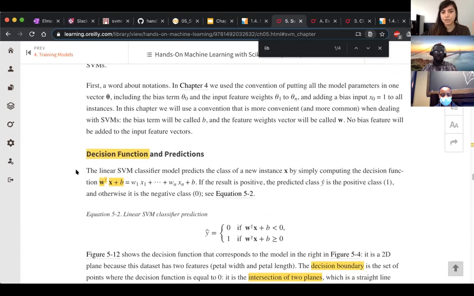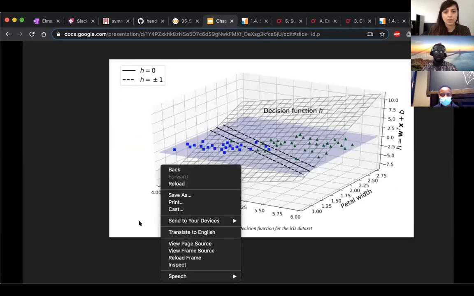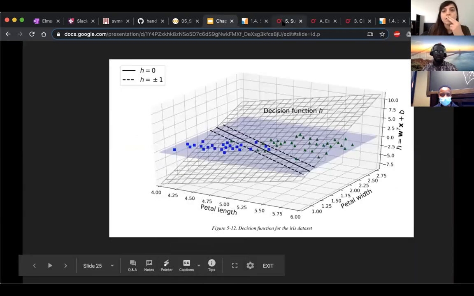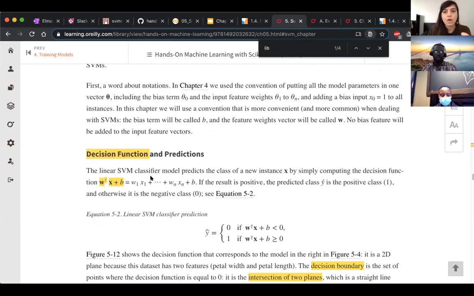We have definitions. We're trying to fit a model, and that model is a function, and that function here is referred to as w times x plus b.